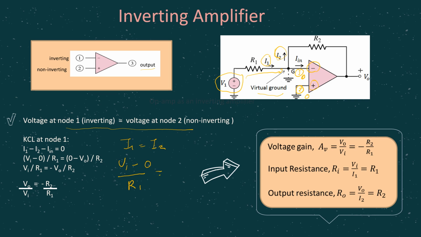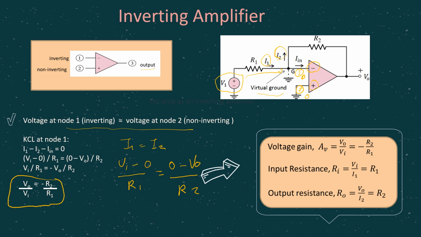Then I2 is actually the potential difference across the resistor, so 0 minus V0 divided by R2, right? If you rearrange this, you are going to get V0 over V1, where V1 is the input voltage, equals negative R2 over R1.